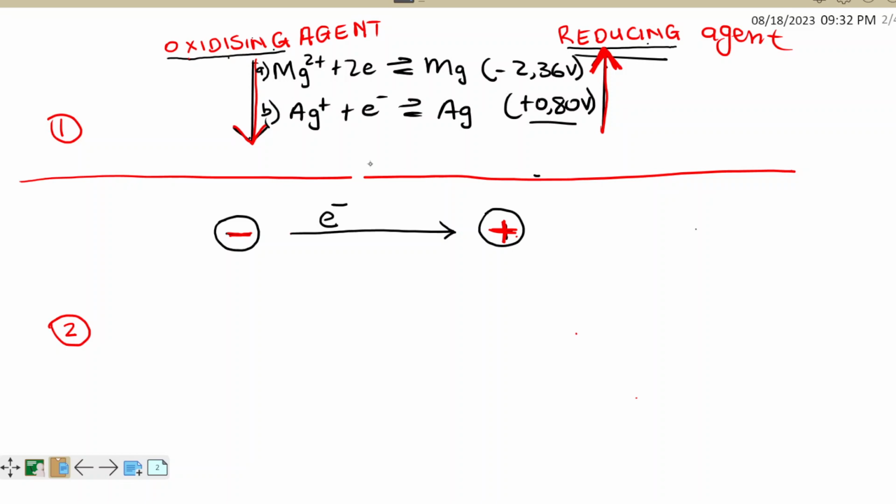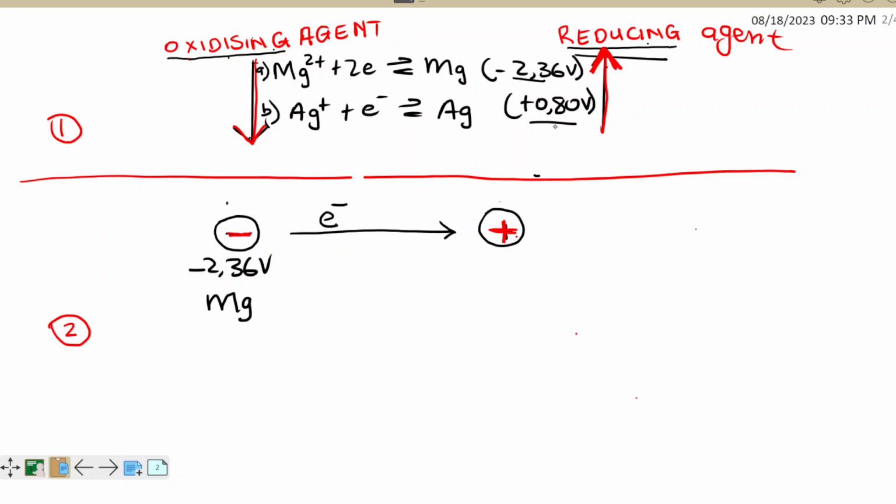So you know what we do. We want to find out the movement of electrons. Electrons move from the region of lower potential energy to the region or state of higher potential energy. So the one that is low potential is this one, the negative 2.36, which is the magnesium.